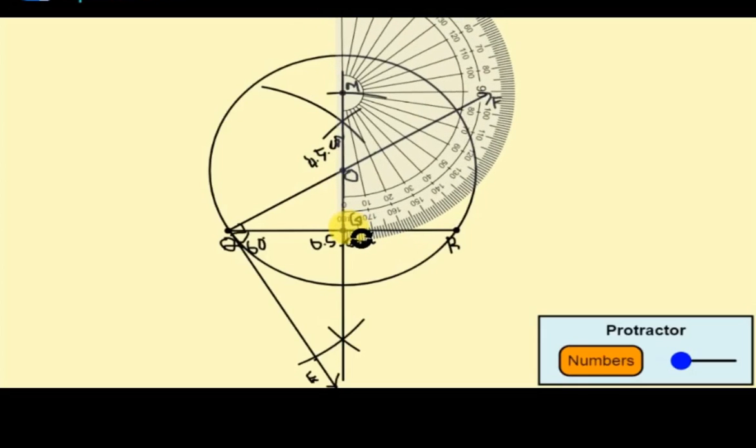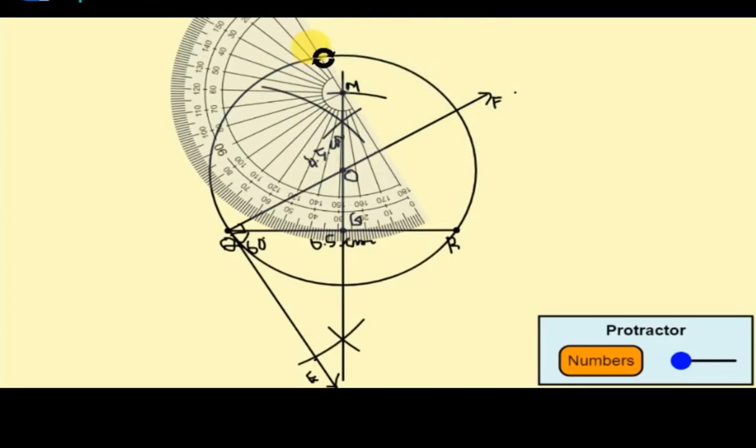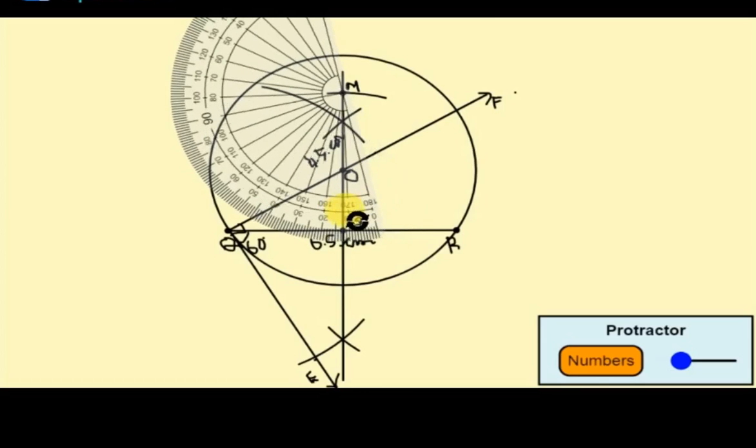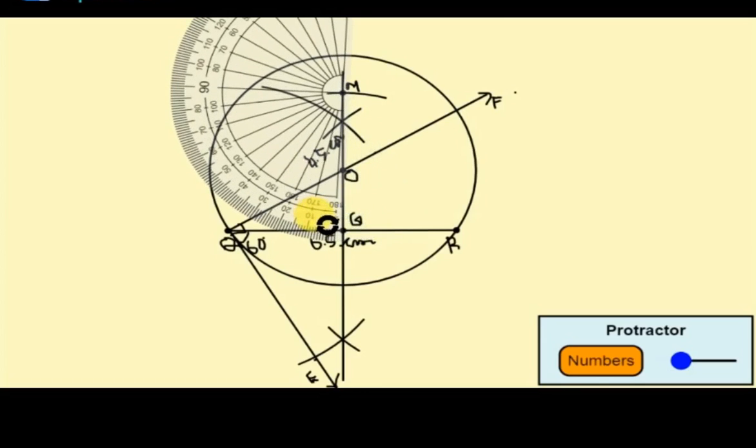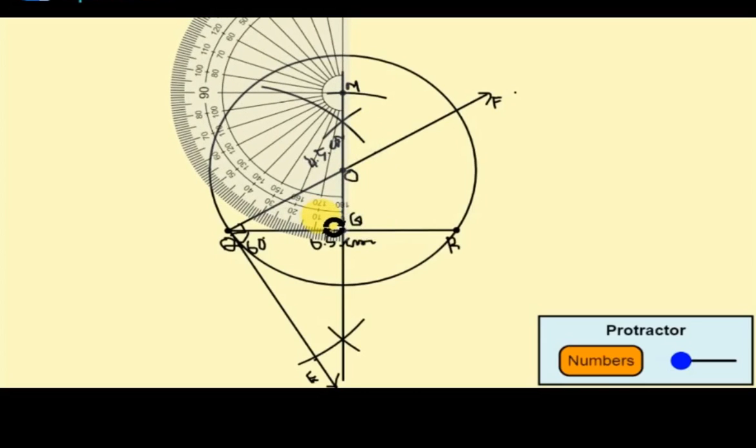Mark 90 degree on the right hand side of M, and then on the left hand side of M, in the same way, place your protractor and mark the angle 90 degree.